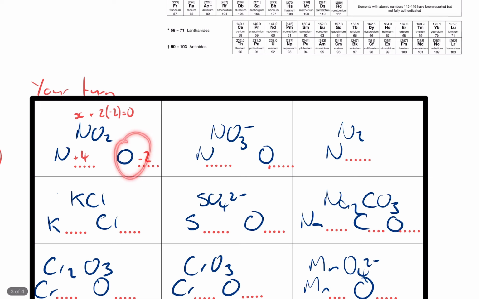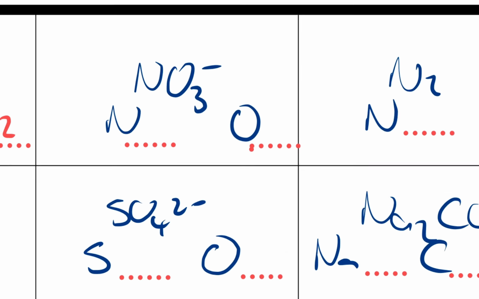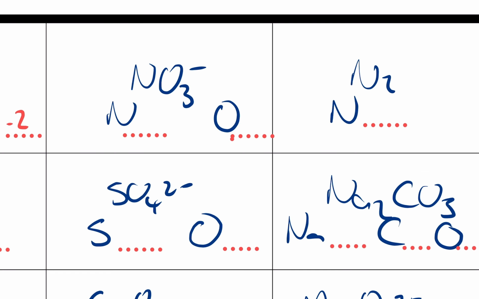Oxygen is going to be more electronegative, so we know it's going to be the negative one. Next, this time we've got 3 lots of the minus 2. The whole thing's going to be equal to minus 1 because we've got the charge here. Therefore, x must be plus 5.